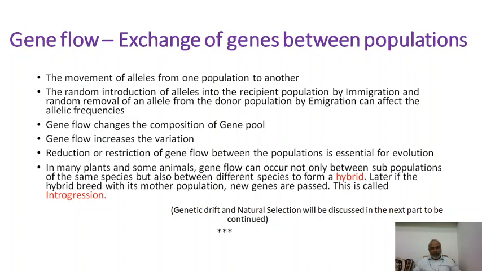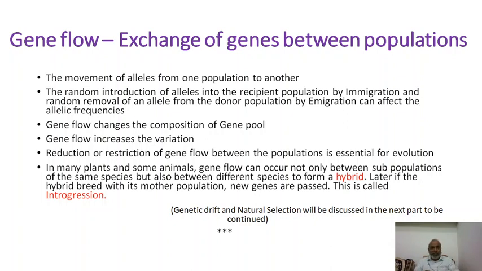Okay, friends, today we discussed two forces of evolution in the modern synthetic theory. One is mutation, a very important force of evolution, which creates variation and new alleles. The other idea, which was not explained at all by Darwin, Lamarck or other scientists, is gene flow.